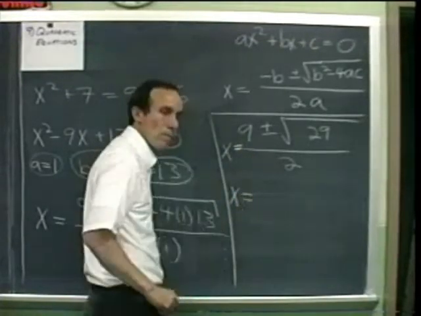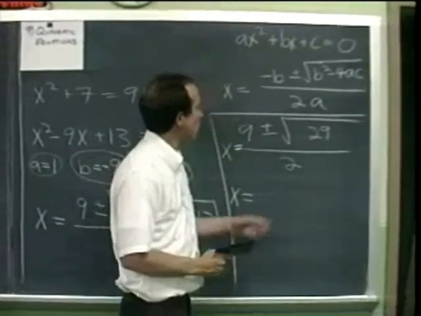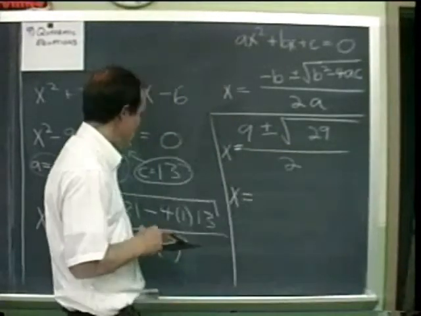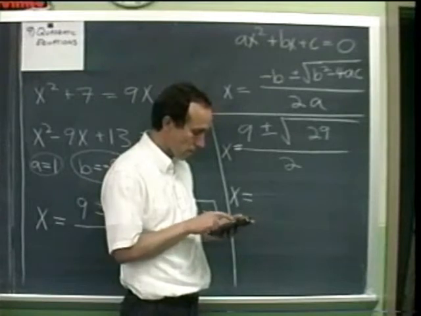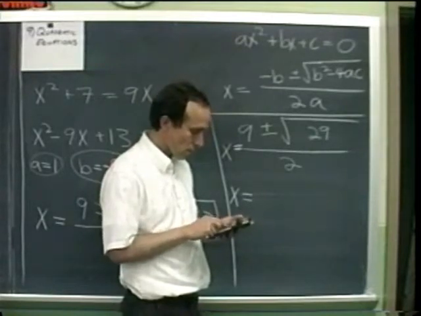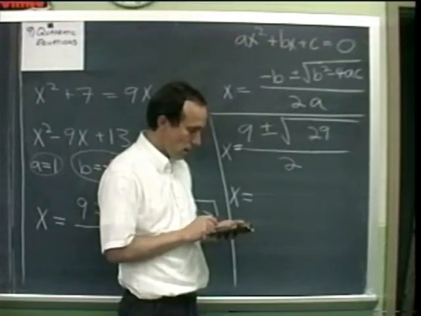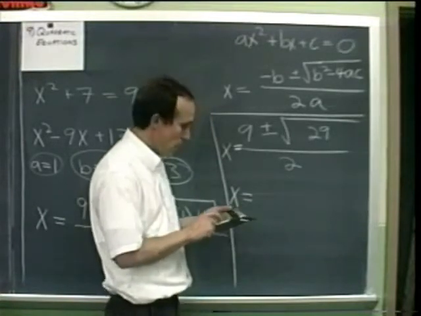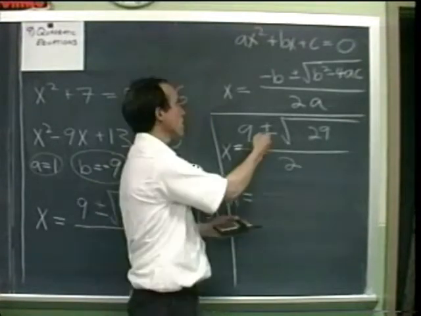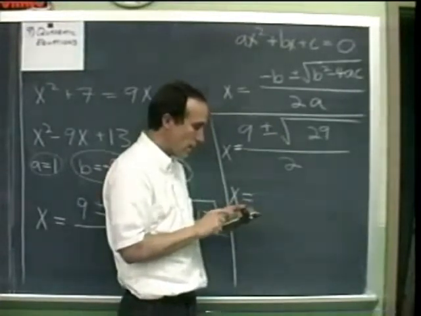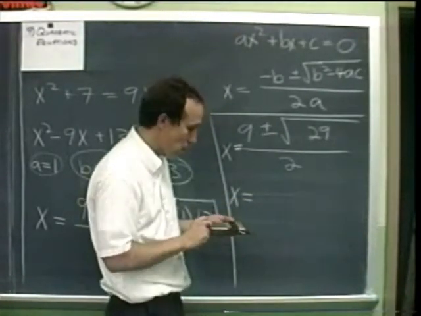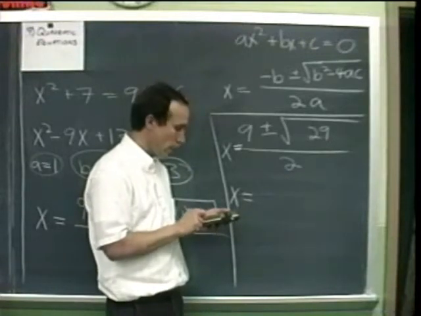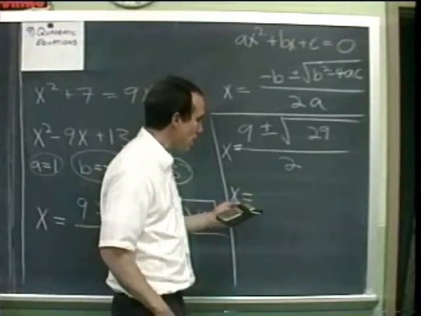X is equal to... a convenient way to evaluate this expression: take the square root of 29, and store it. And take 9, first I'll do the plus solution, plus, memory recall, that value that I just stored, the square root of 29, equals, divided by 2, equals 7.19.